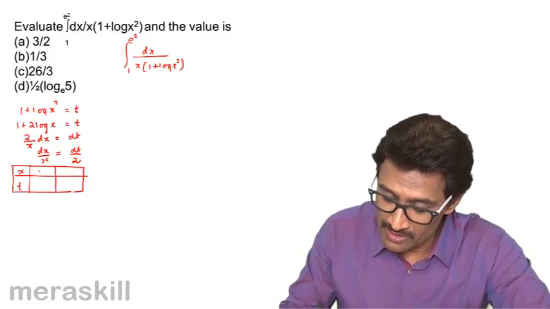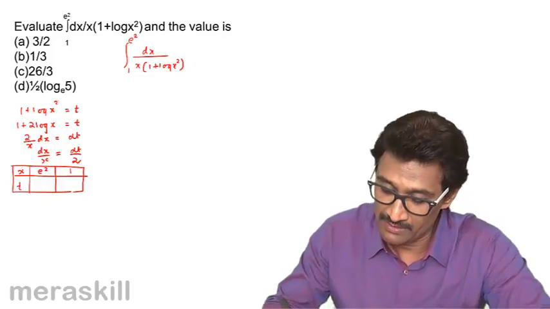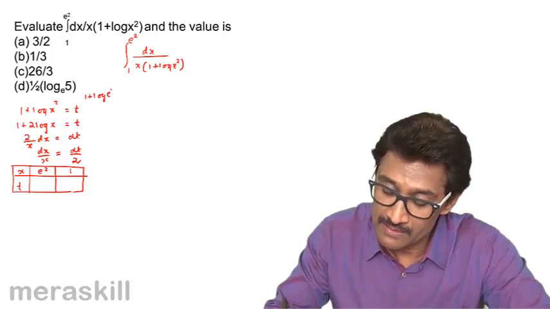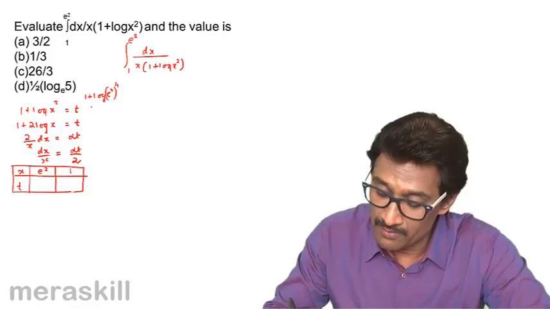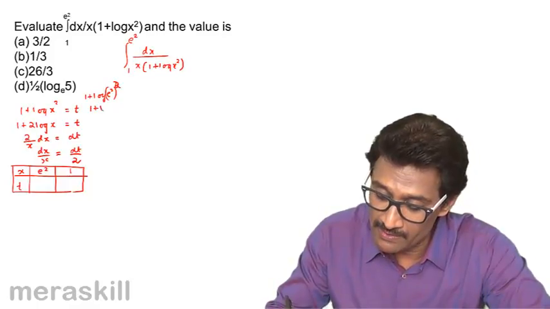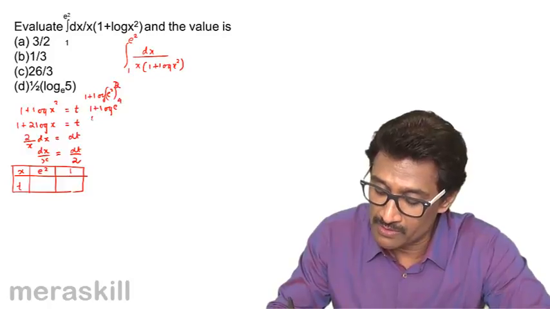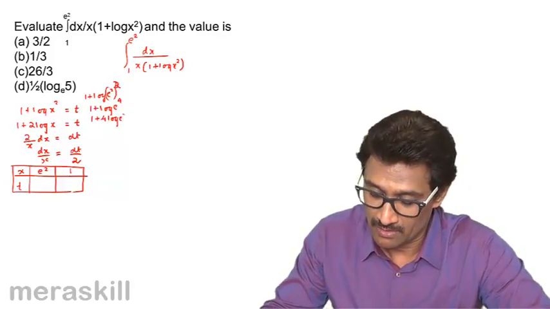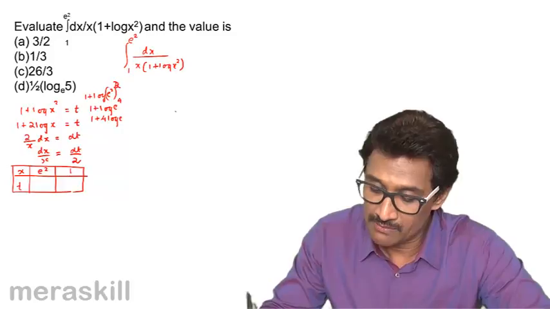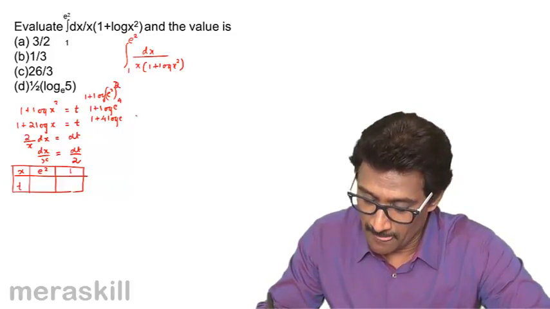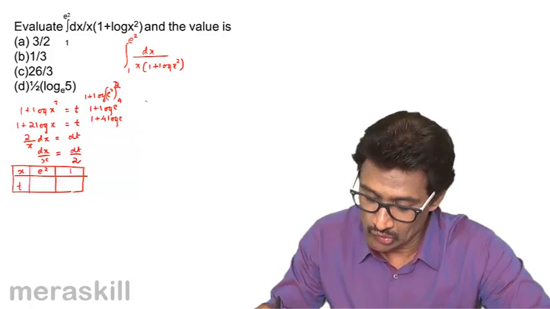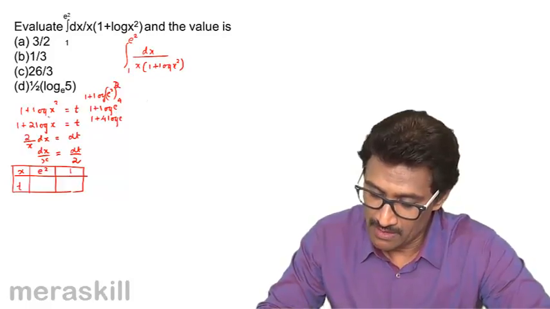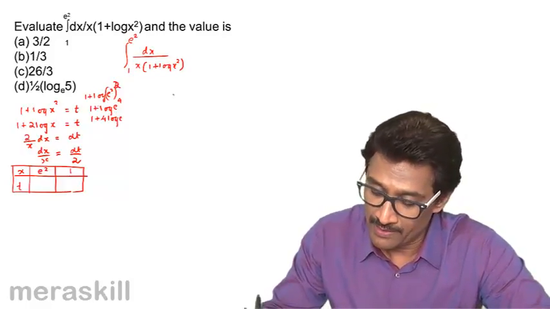When x is e square, it is going to be 1 plus log e square, which is 1 plus 2 log e.